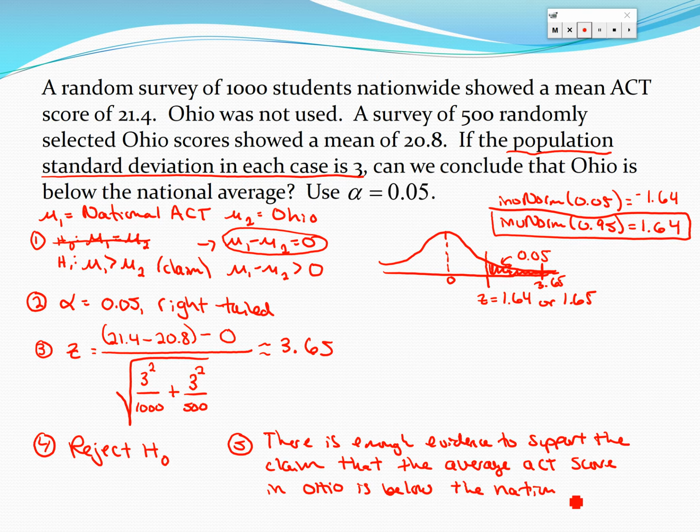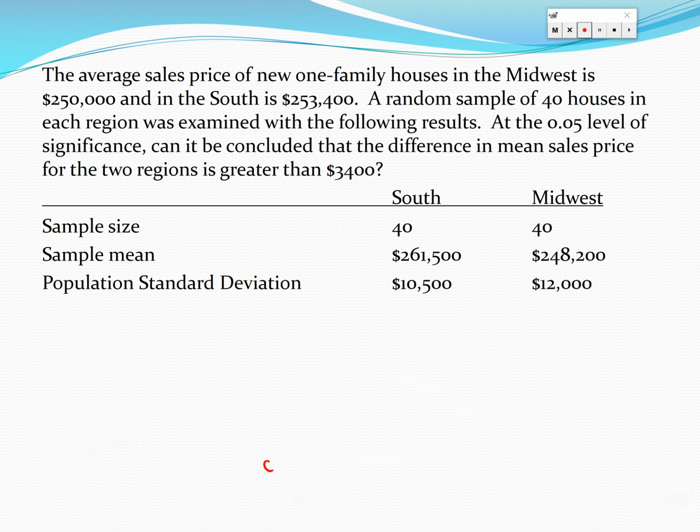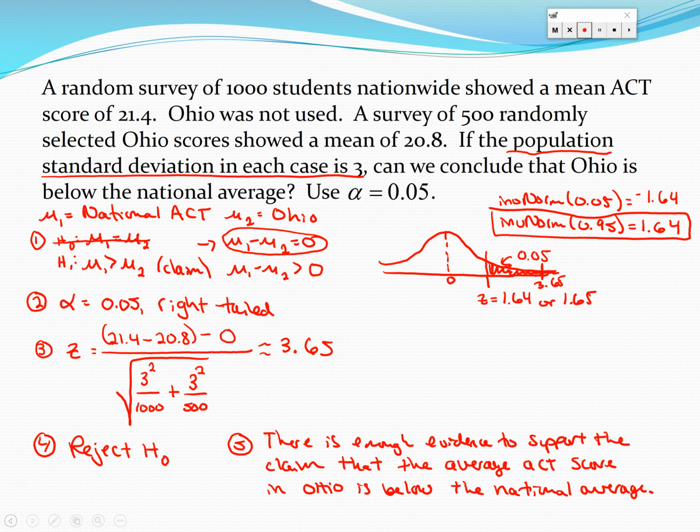And again, it's never specified how far below the average it is. There's no specified difference. So that's why we use the difference of 0. So since we rejected the null, there's enough evidence to support our claim, which was the alternative hypothesis.